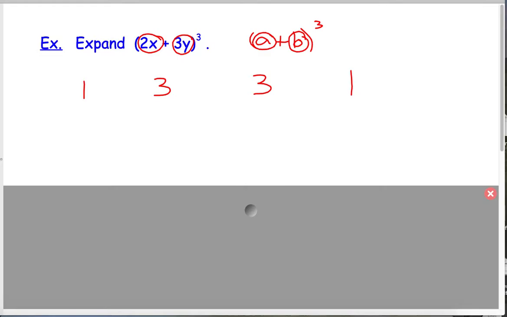Okay, so now what we have to do is take our a to the third power. Well, a was 2x to the third power. And then b to the 0 power, which is just 1. And then the next term, I'll have the a, this time only to the second power, and the b to the first power.